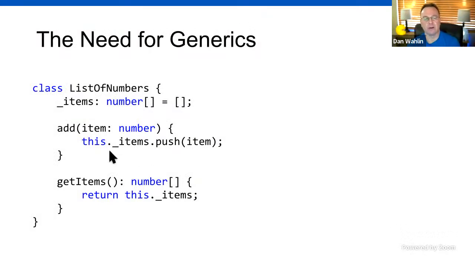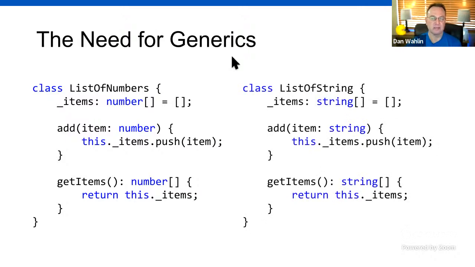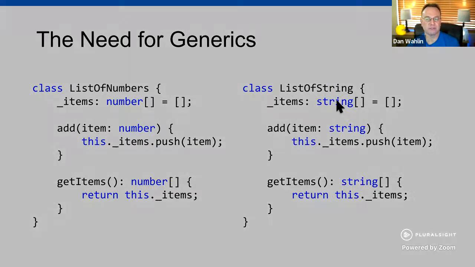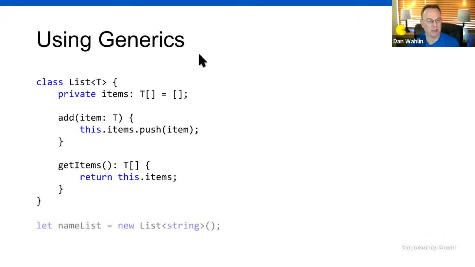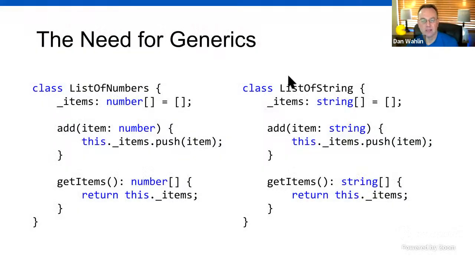What if I had the following? I have a list of numbers class, and notice number and number and number right here. And then I decide, well, I also need a list of string. So we have string, string, and string.